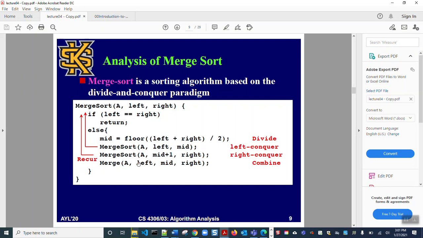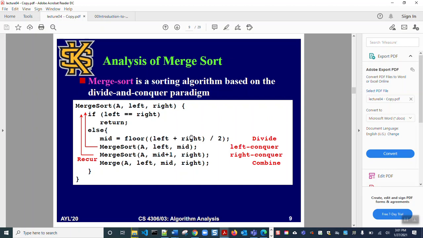When we are merging from left to middle and from middle to right, the mid plus 1 element will be here, next to mid, and mid minus 1 will be on the left side of mid.